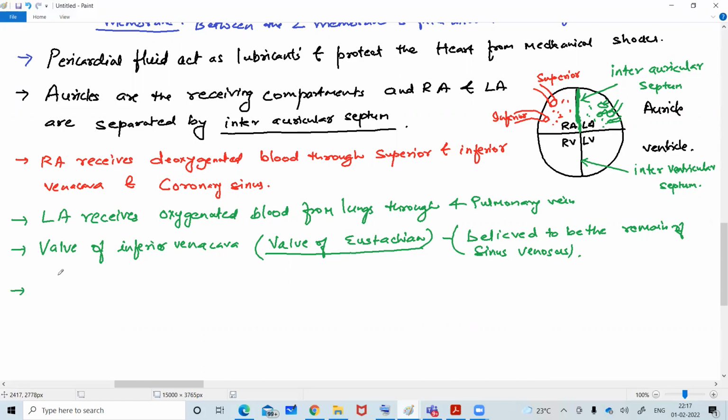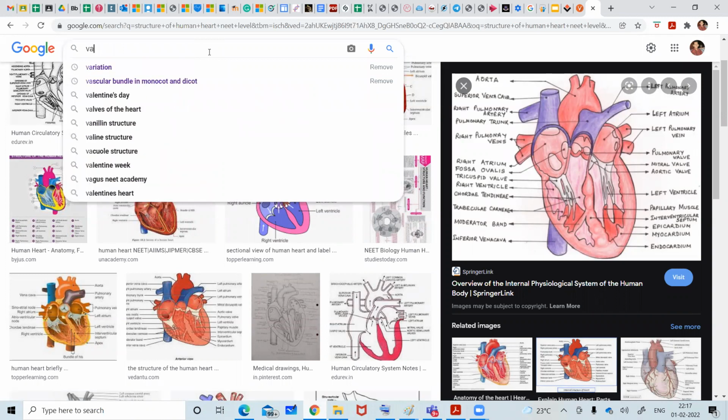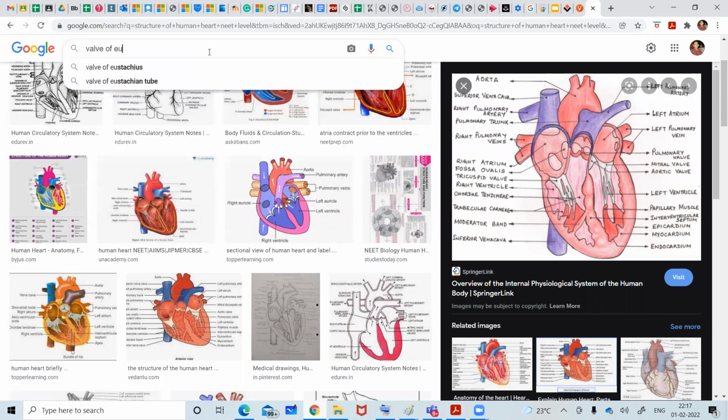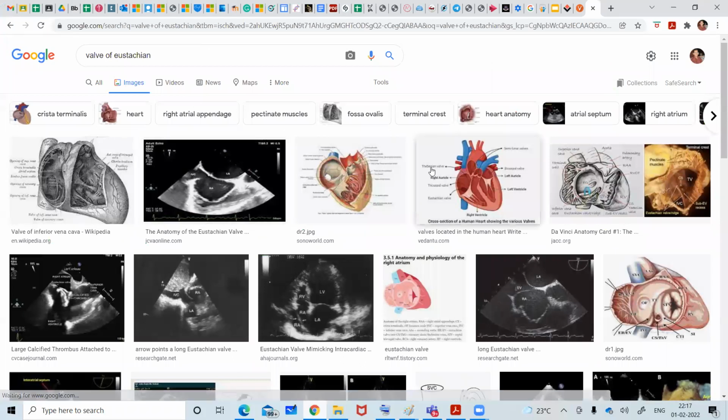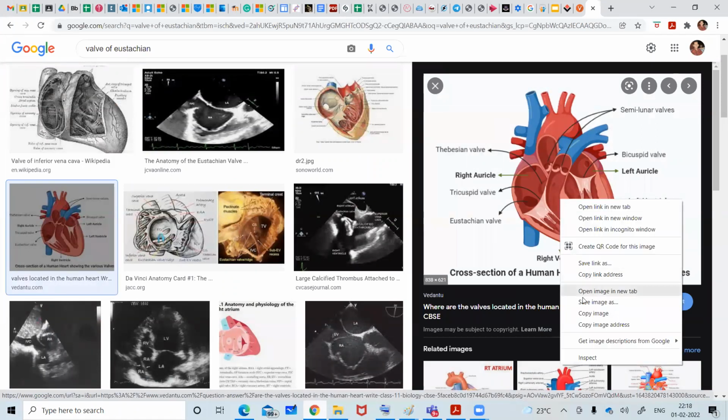Next there is one more valve, valve of coronary sinus, which is also called valve of Thebesian. Let me show you these two valves, where they are. Okay, valve of Thebesian, right? Let me show you the valve. Let me copy this.